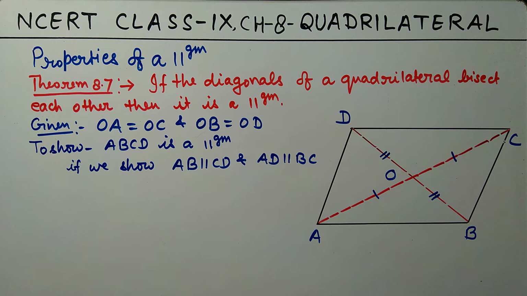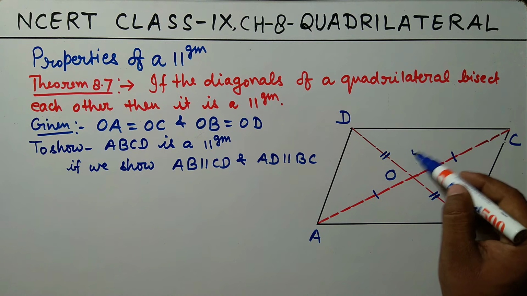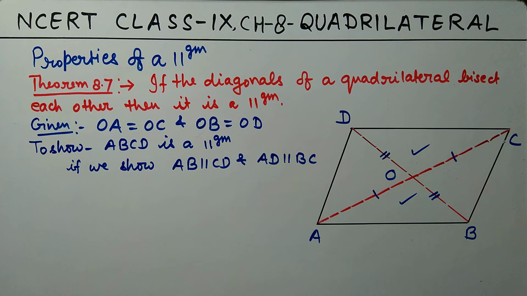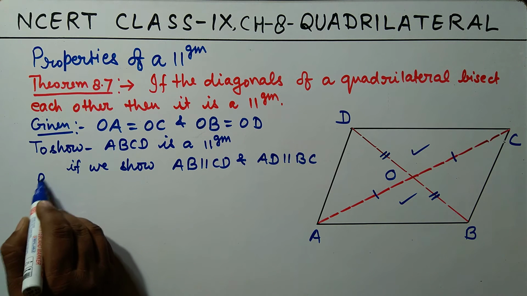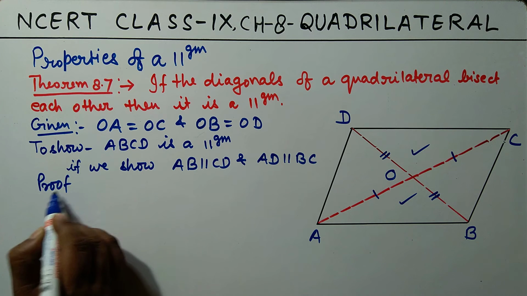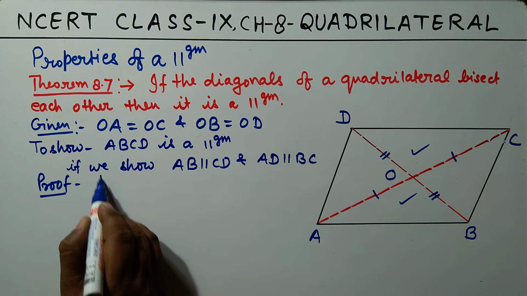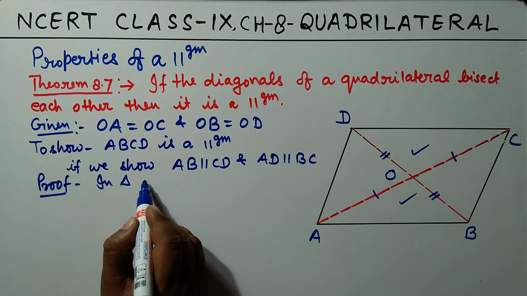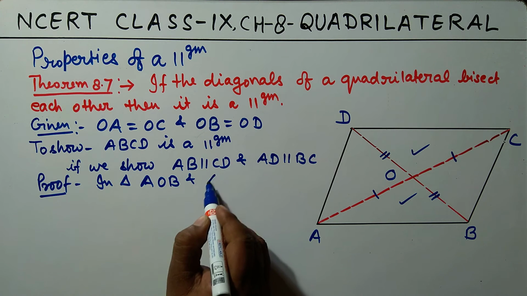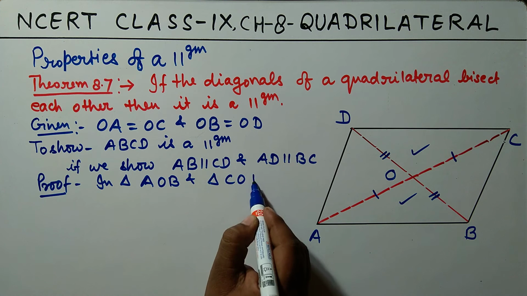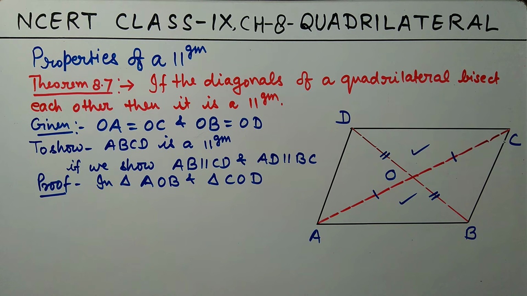So, let us try to find the congruency of these two triangles, triangle AOB and triangle COD. So, in the proof part, we write in triangle AOB and triangle COD, what are the equal parts?